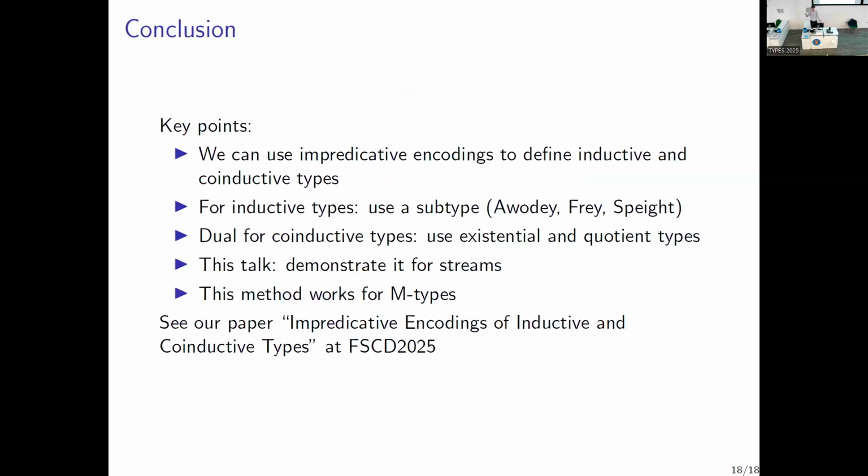The only difference is that you have to punish yourself more because you have to use arbitrary polynomial functors rather than just the stream things. So all of the impredicative encoding stuff, as discussed by Awodey, Frey, and Speight, works perfectly well for co-inductive types as well. The only change that you have to make is that you need to use existential types and quotient types. And that's it.